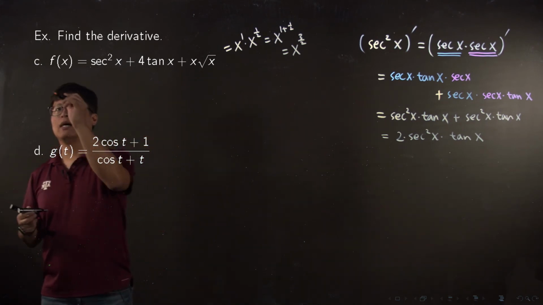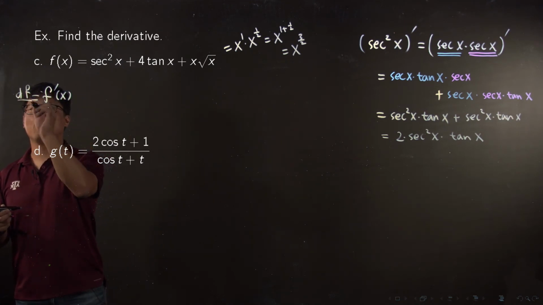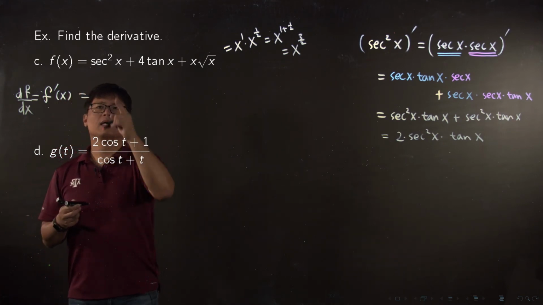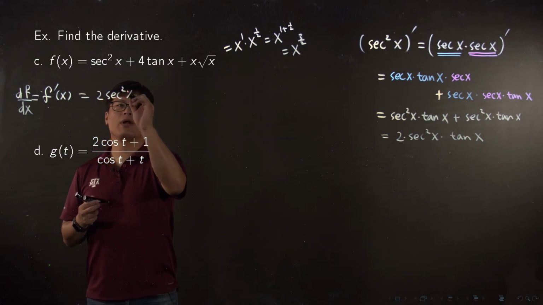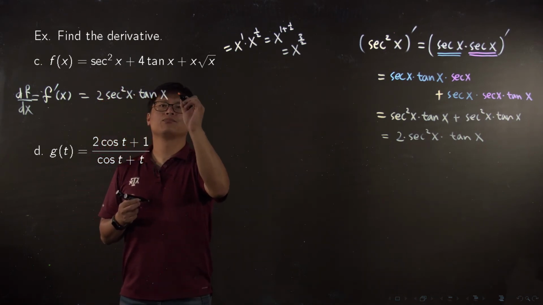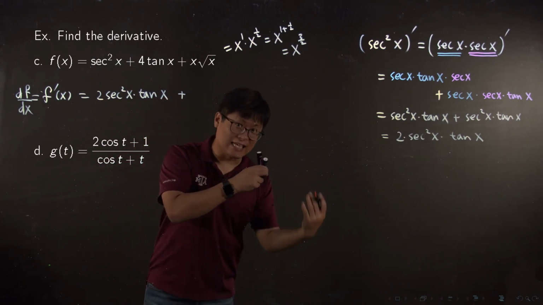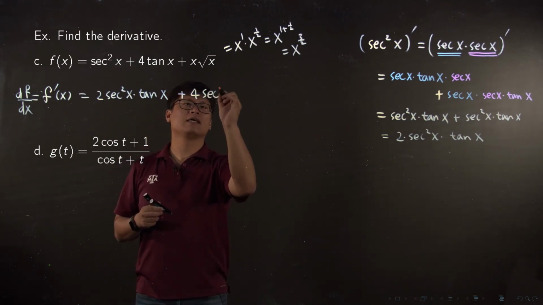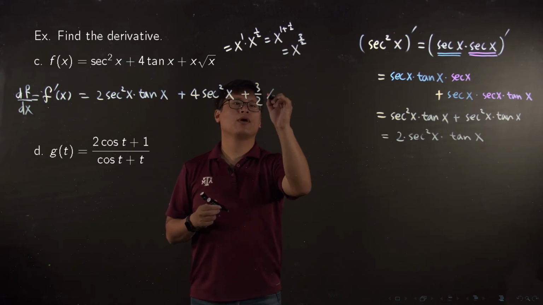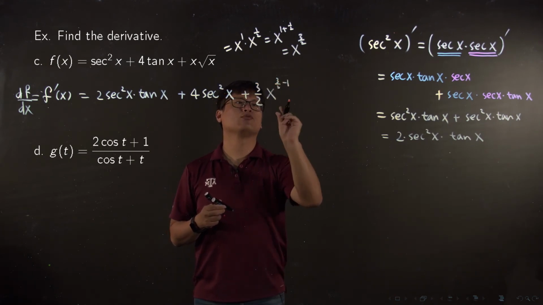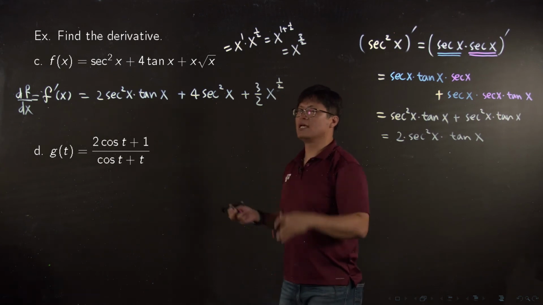Now f prime x, or df over dx, is equal to secant square x prime, which we figured out is 2 secant square x times tangent x, plus tangent x prime, which is secant square x, and the last one is the power rule: plus 3 over 2 x to the 3 over 2 minus 1, which is 1 half. And that's it. This is the answer for the first one.